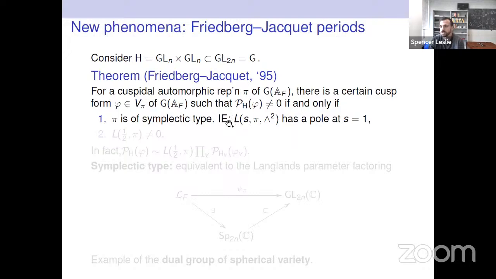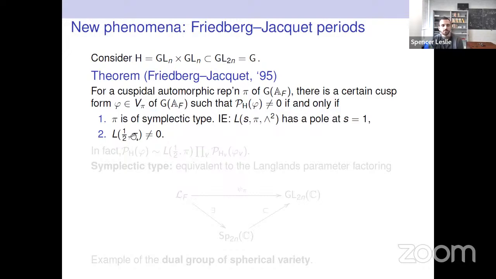which in terms of L-functions can be stated as follows: this exterior square L-function, which is another automorphic L-function associated to the exterior square representation of GL2n, if it has a pole at s equals 1, then we say that pi is of symplectic type. And we additionally need a central L value. So this is, again, the standard representation for the dual group, the standard L-function.